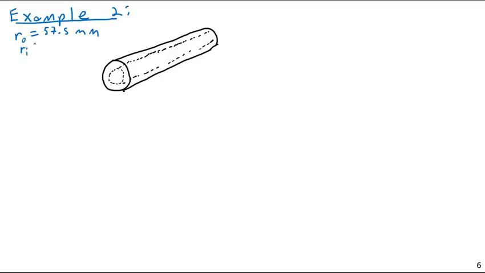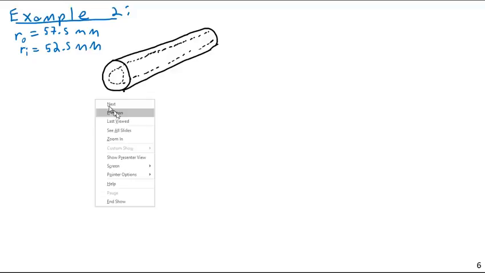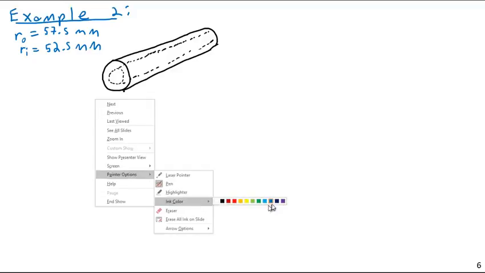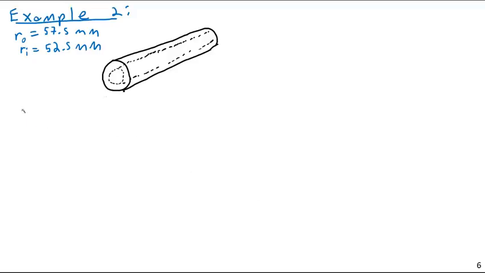So we've removed the vast majority of the cross section. Now, the reason this is so thin is because this is actually a pressure vessel. Isn't that lovely? So this thing is going to have an internal pressure of 10 megapascals.